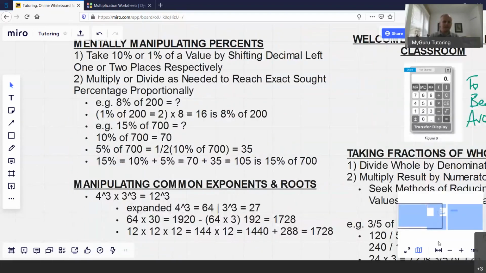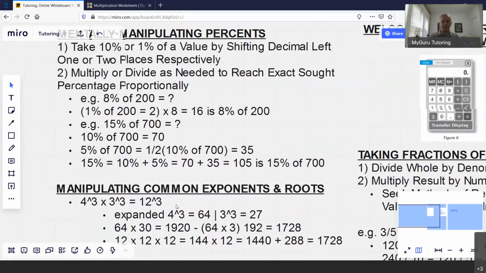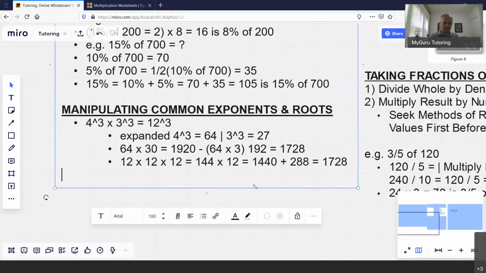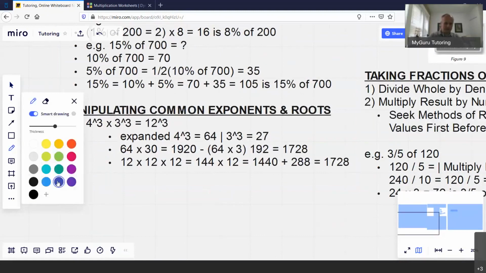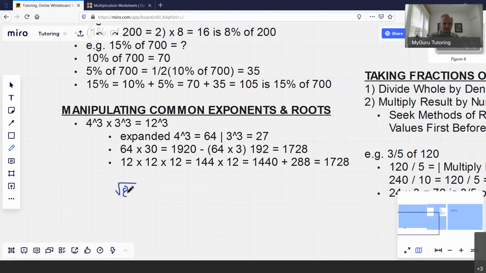Now, if you're looking to do it with a radical, I'll dive into my pen tool, and we've got the square root of, let's say, 80. I somehow ended up with that smart drawing on, which is causing weird stuff.